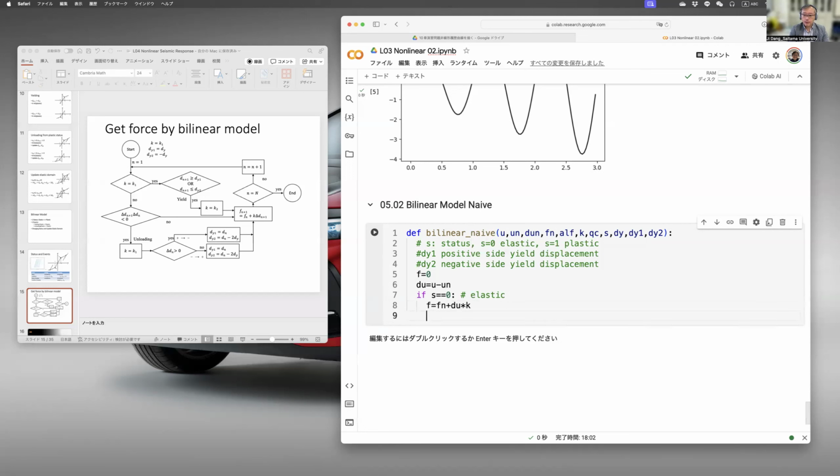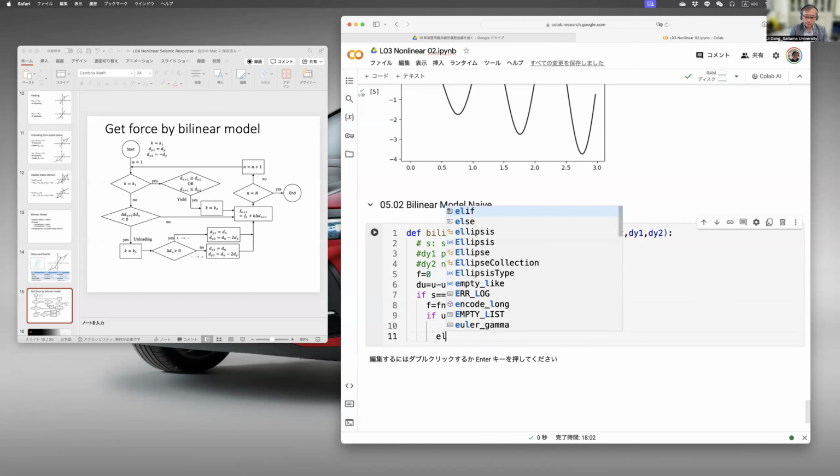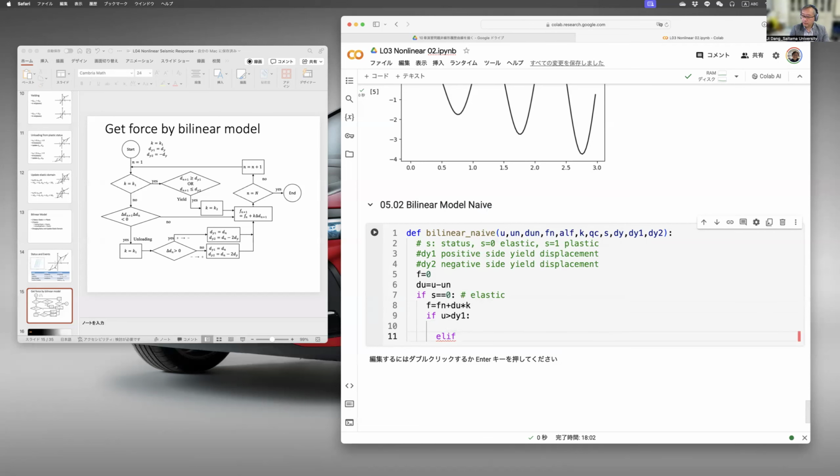But we will check if u is larger than uy1, or else if u is smaller than uy2.